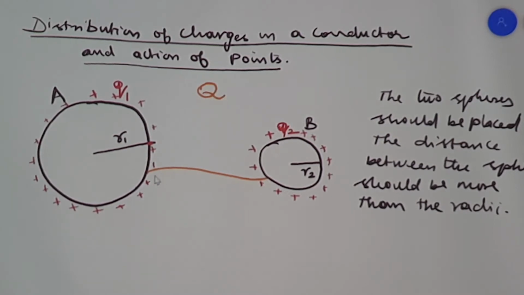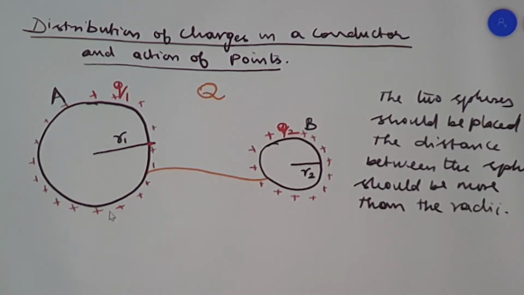The two spheres are joined with the help of a thin wire. After joining, I am supplying a charge of Q coulombs to it. When I supply a charge of Q coulombs, a charge of Q1 is distributed uniformly over sphere A, and a charge of Q2 is distributed uniformly over the surface of B.